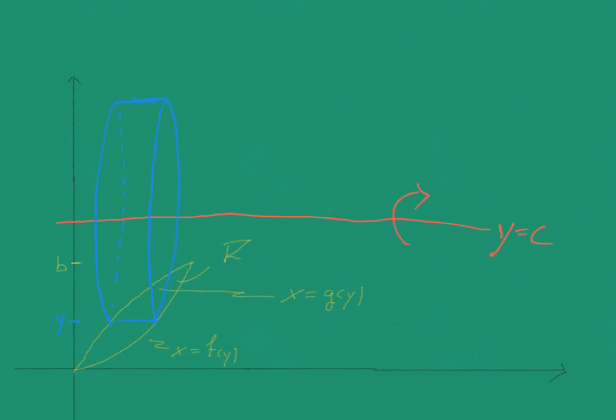And what we see is that if we rotate this horizontal line segment about the horizontal line y equal to c, we're going to obtain a shape that looks like a cylindrical shell. So, in this case, we're going to use the method of cylindrical shells. Let me write that down.